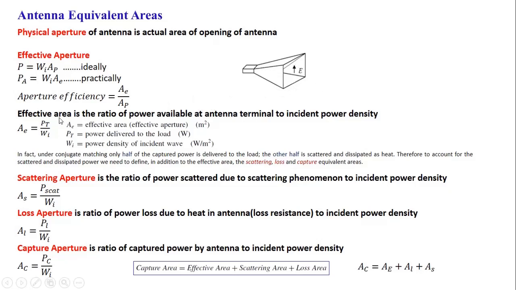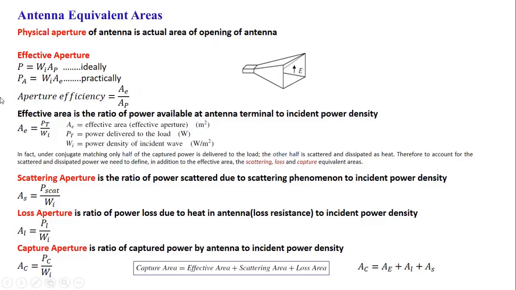So basically, the effective area is the ratio of power available at the input terminal of the antenna to the incident power density, denoted with AE equal to the power that is available at the terminal of the antenna divided by the incident power density, PT upon WI.